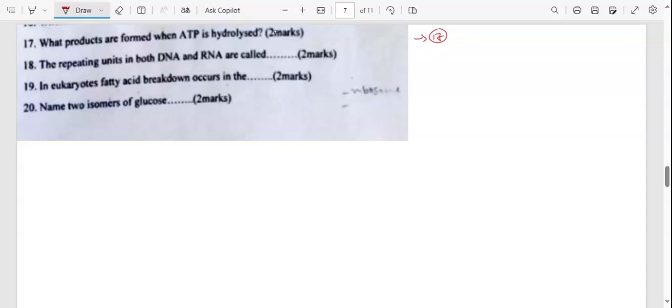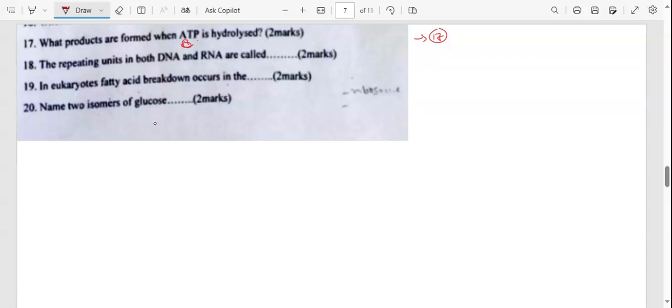ATP means adenosine triphosphate. You should know the meaning of the abbreviation. You are a biologist, so you just have to know all these things. Whatever you see, try to go and know that too.